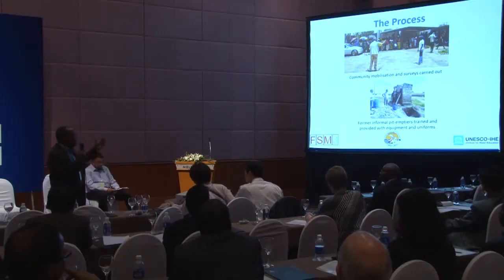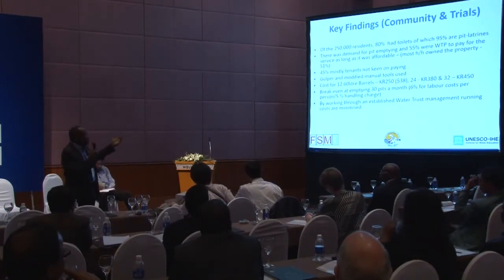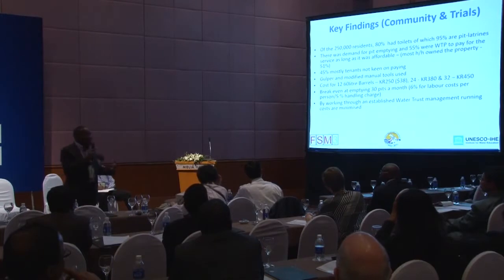So they went to the communities through community theater and spoke to the people about the planned initiative, and then they also carried out surveys so that they could find out the people's ability to pay, for example, as well as to see the sort of systems that were in place.